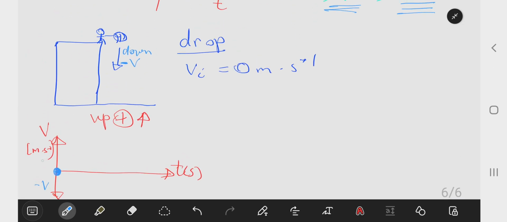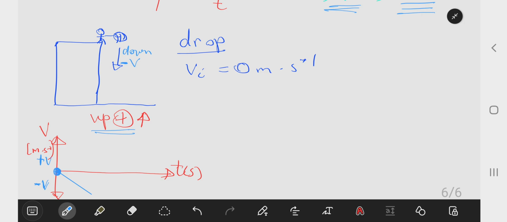This is your negative direction and that is your positive direction. If I chose upward as positive, when the ball goes down, it's covering a negative, because downwards is negative. So it will increase in the negative direction.